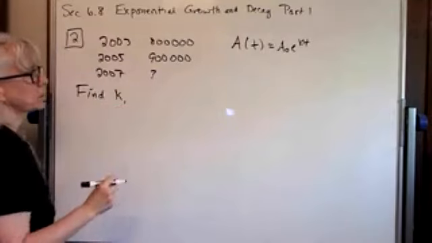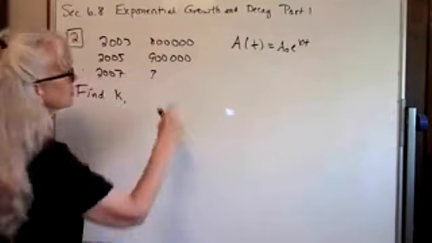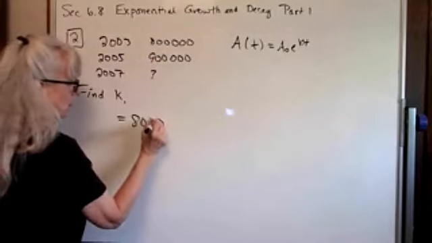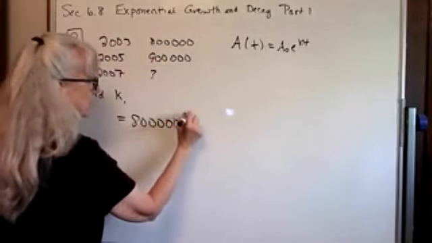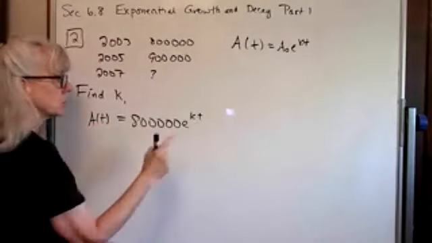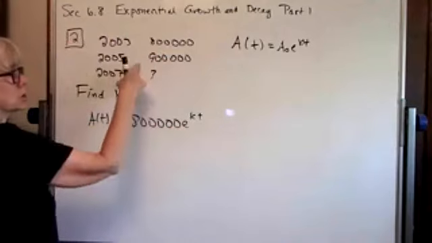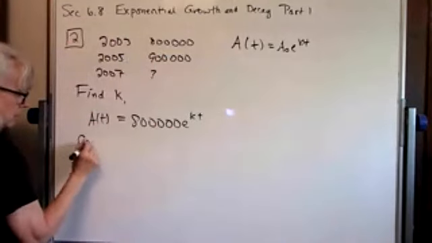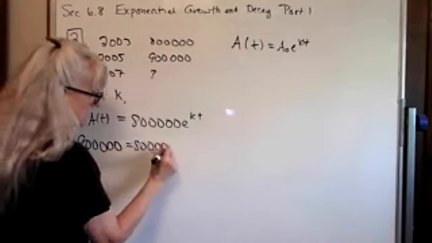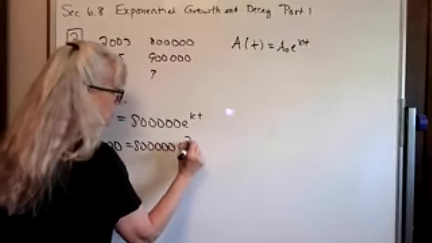To do that, I'm going to plug in the initial set of circumstances. We know the beginning population is 800,000. We also know that 2 years later, the population has grown to 900,000. So we set 900,000 equal to 800,000 e to the 2 times k.